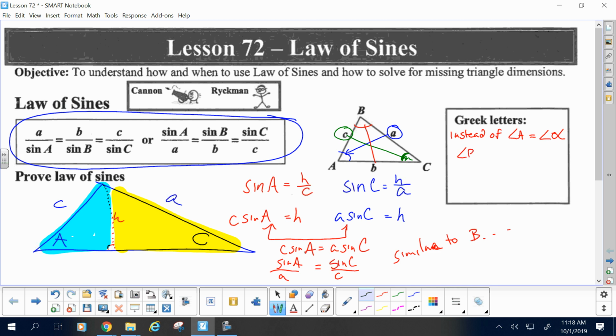Instead of angle B, they would use a lowercase b, which is like a big B with a tail. Beta. And what's Greek C? Exactly. Greek C doesn't really have a companion. It's the third letter in the Greek alphabet, and that's gamma. It looks like this.